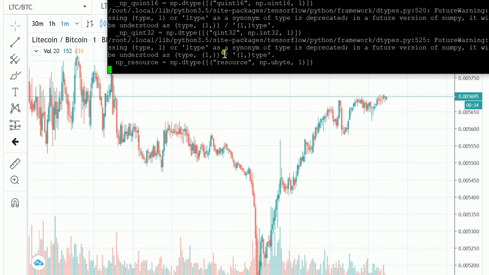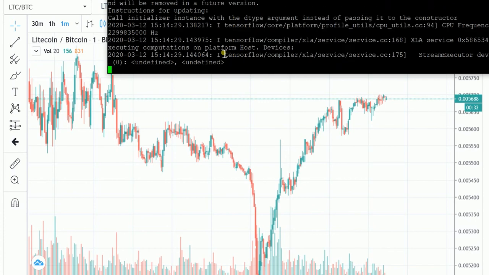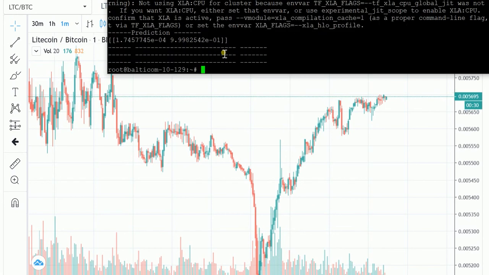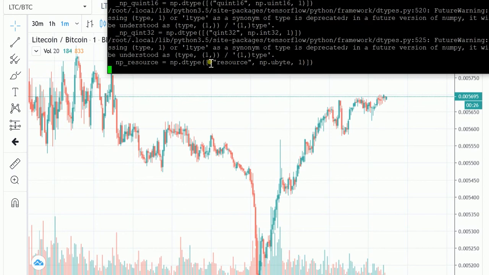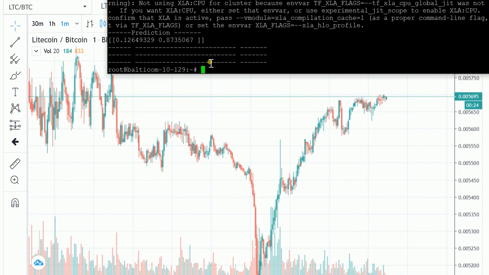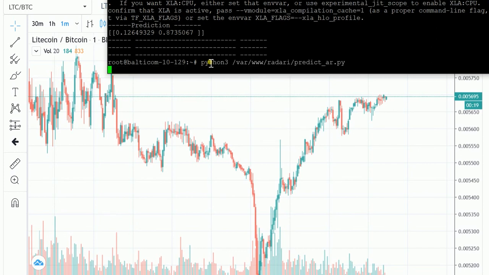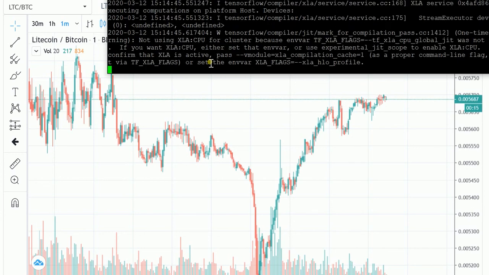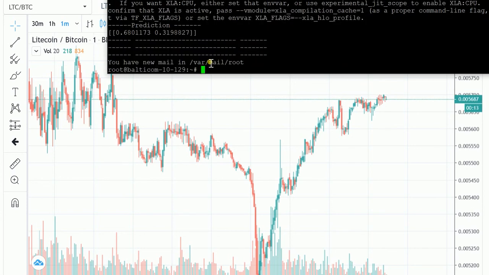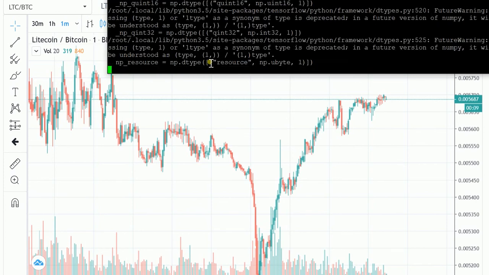I think the first should be a 0, and 0 means falling down, and the second is 1, which basically means that the price is going upwards. But as you can see, the suggestions from it deviate from one side to the other.